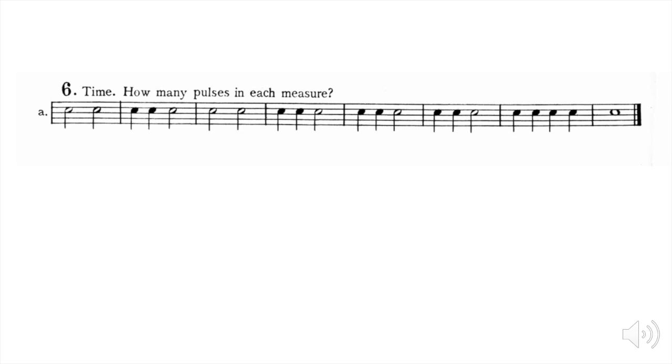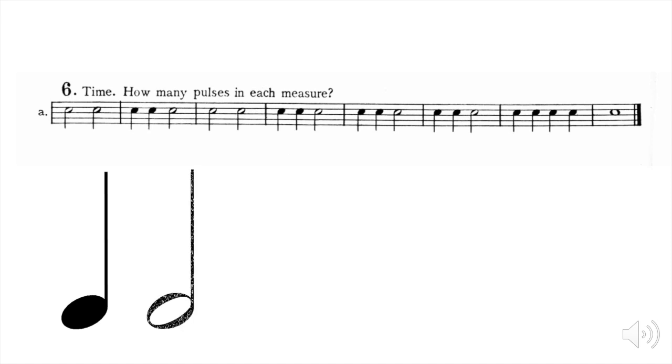Before we go on, let's remind ourselves briefly about the different lengths and different types of notes that we already know. So we have learned about one pulse notes, and they look like this. And we sing them as ta, a single ta. We have also learned two pulse notes, and they look like this.